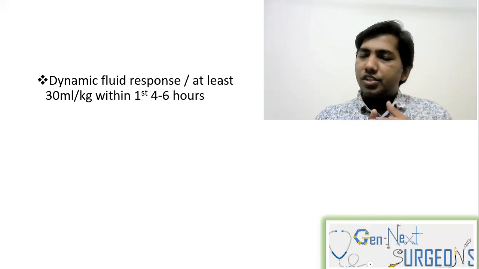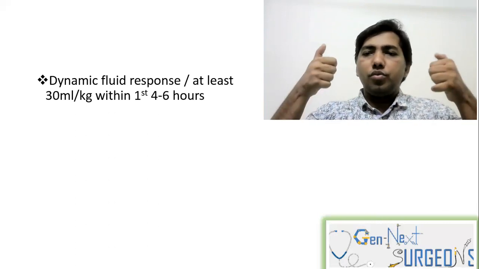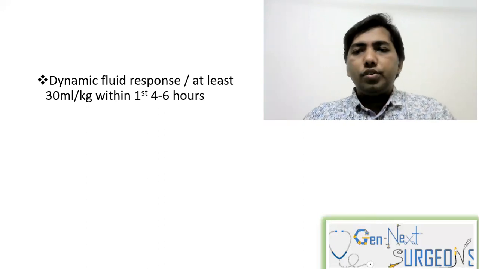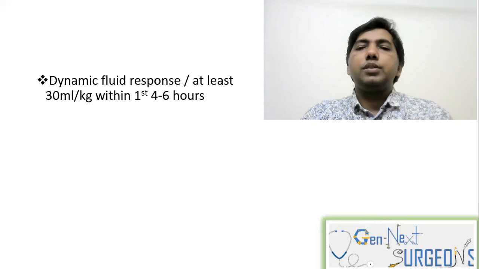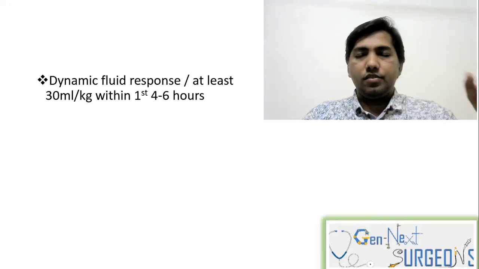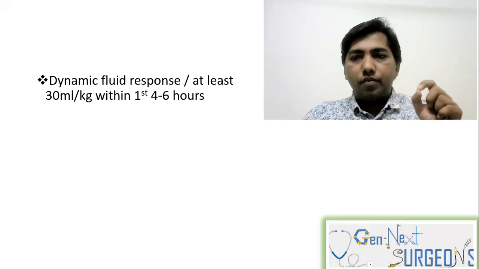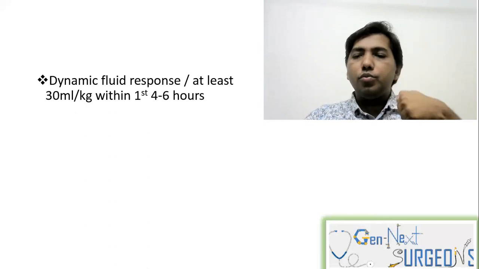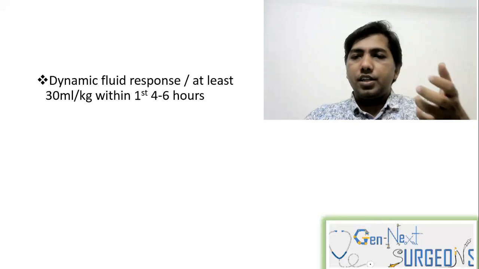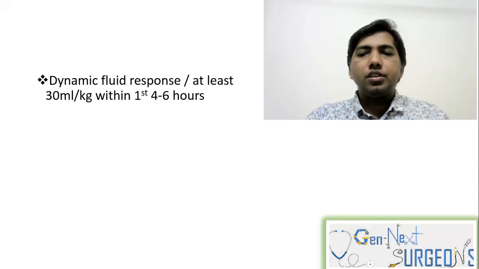What is dynamic fluid response? Again, 2 wide bore cannula, and we will infuse 250 to 500 ml fluid within 10 to 20 minutes. That is running drips. Then we monitor by measuring the blood pressure, heart rate, urine output, that's it.